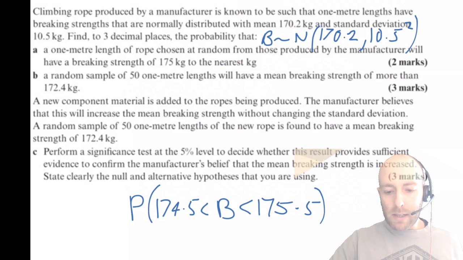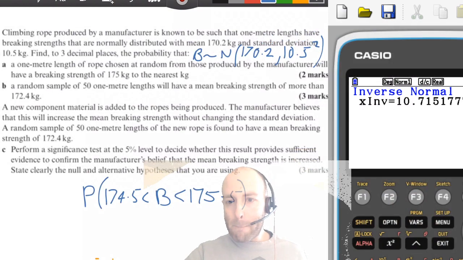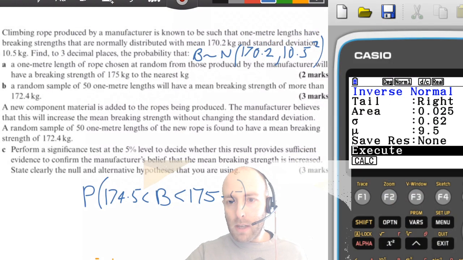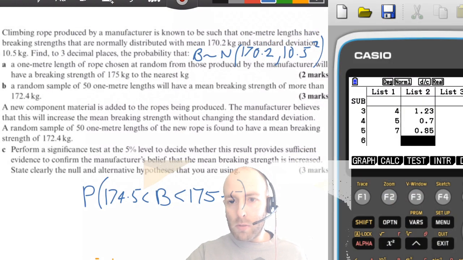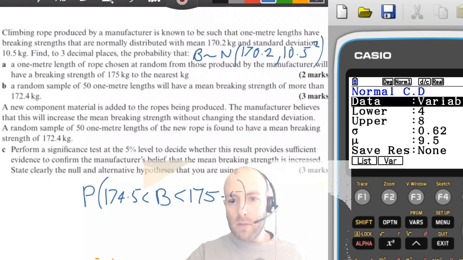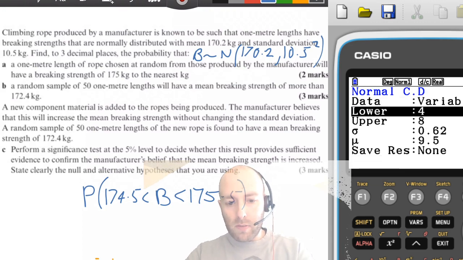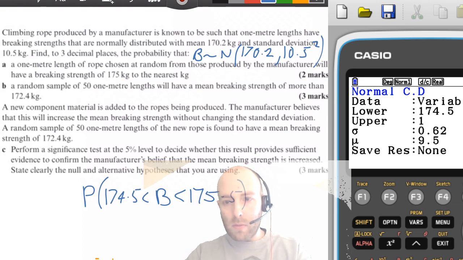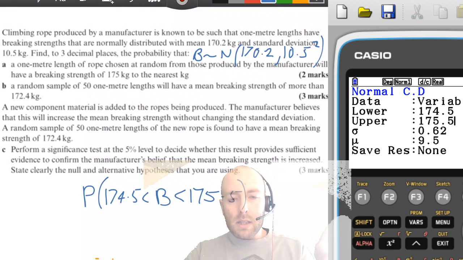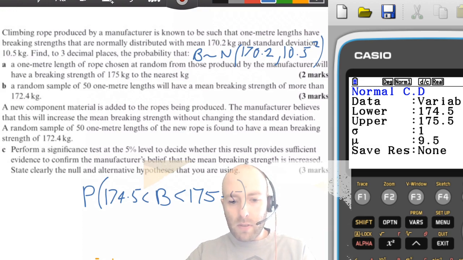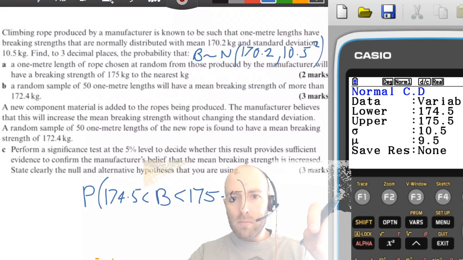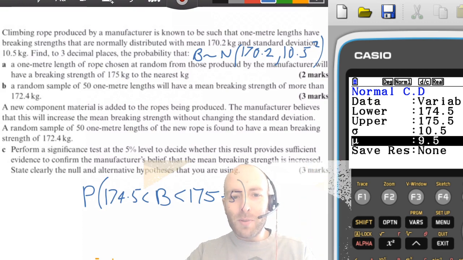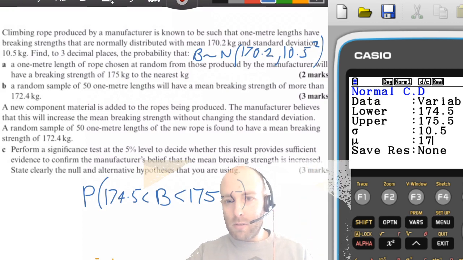So if we bring the calculator up and we're going for a distribution, normal distribution, cumulative, 174.5 to 175.5. Sigma is 10.5, it's not squared. Mu is 170.2.